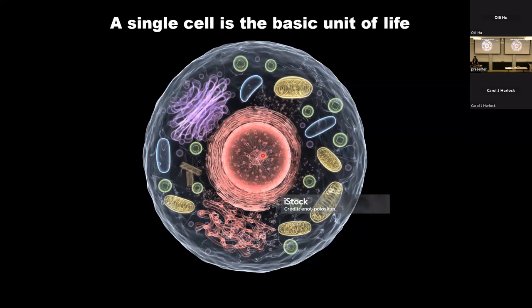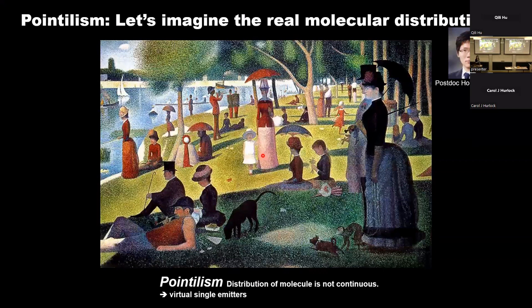So it's very interesting to learn how we can generate super resolution microscopy for SRS or for multiphoton fluorescence, because they are not single molecule microscopy at all. So for non-single molecule microscopy, we cannot use the traditional deconvolution approach because it's not useful. But we should borrow a Pointillism concept here.